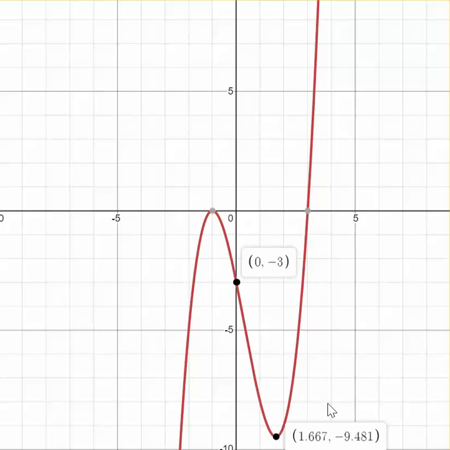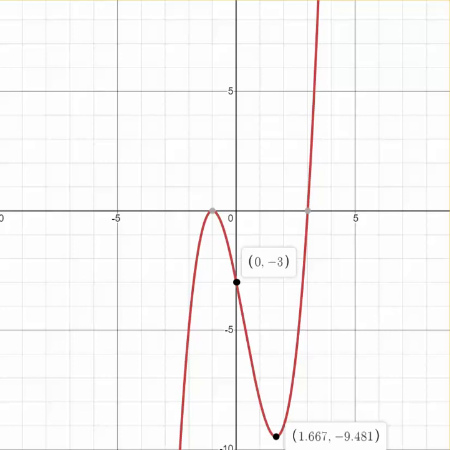Unlike when we're talking about domains and ranges, when we think domain and range, we talk about domain being all the possible x values, range being all the possible y values. Well, now we're not going to talk about that anymore.